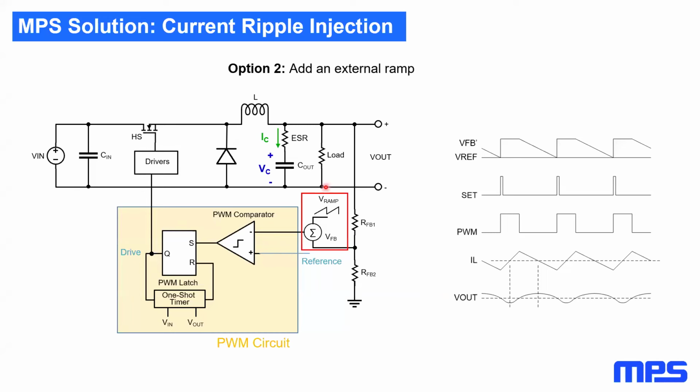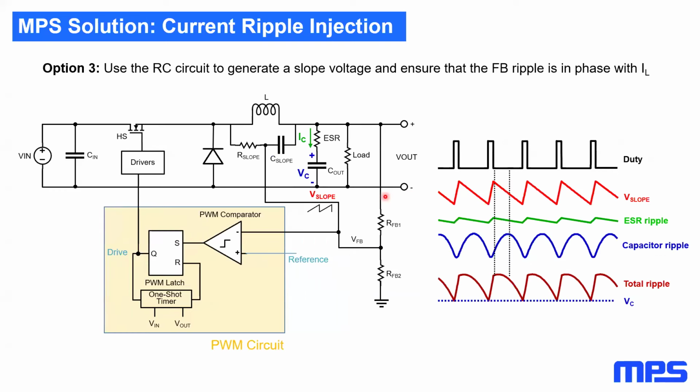However, adding this ramp voltage can be a struggle. So what we do instead, and this is especially implementable in our modules, is we add this RC circuit in parallel to our inductor, which generates this ramp voltage, and therefore we have this large signal entering our control loop.